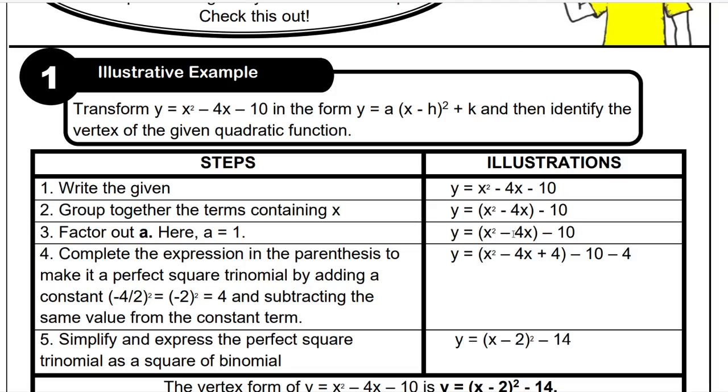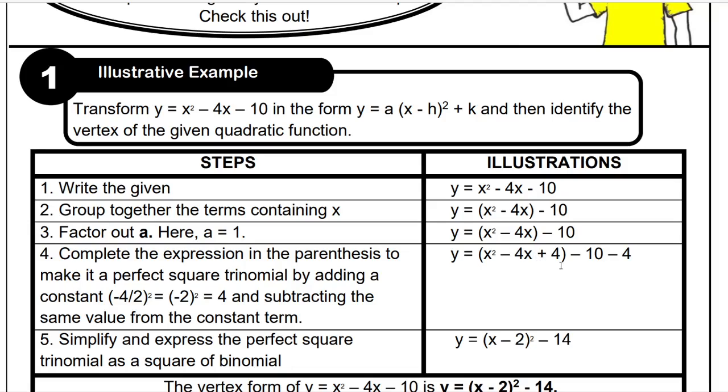Step 4, you have to complete the parentheses to make it a perfect square trinomial. So just get 1/2 of this. 1/2 of negative 4 is negative 2. Squared, that is positive 4, but you have to subtract 4.